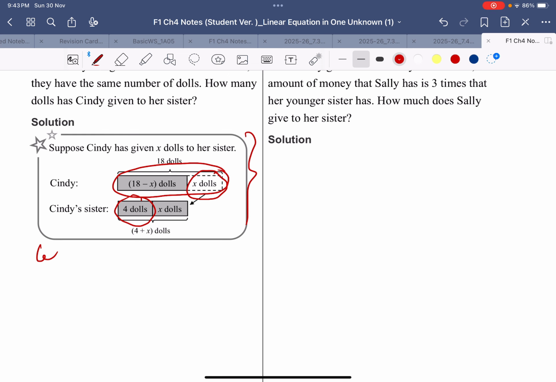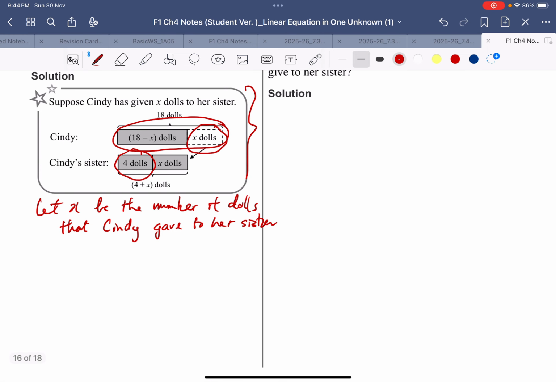We're going to let x be the number of doors that Cindy gave to her sister. Then 18 minus x will be equal to 4 plus x.